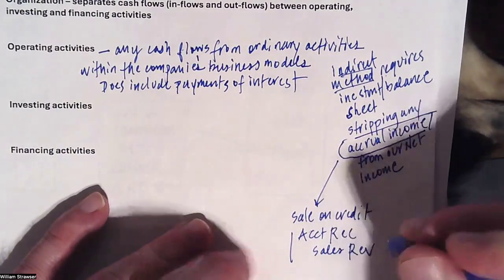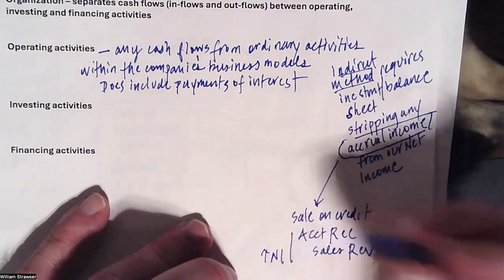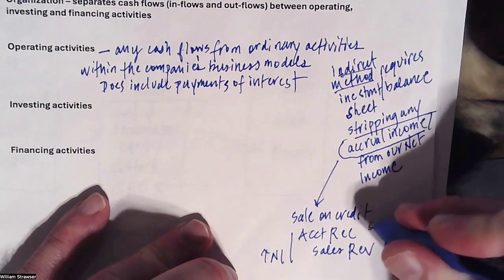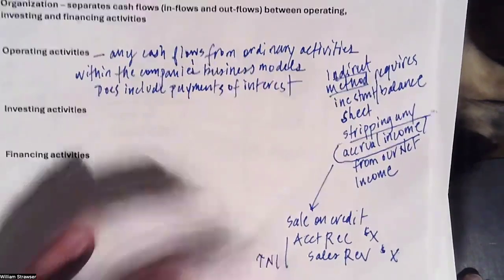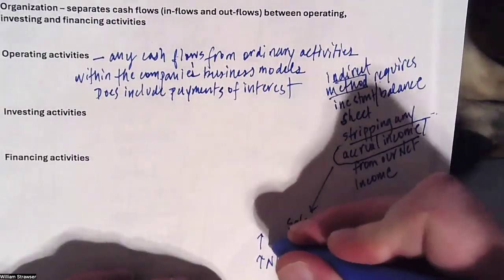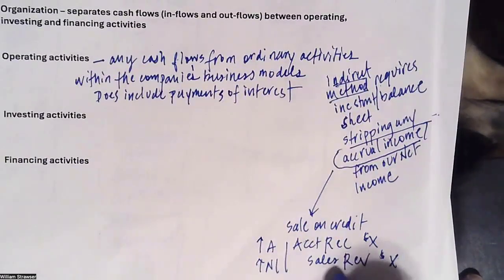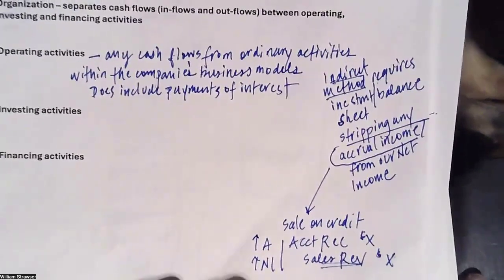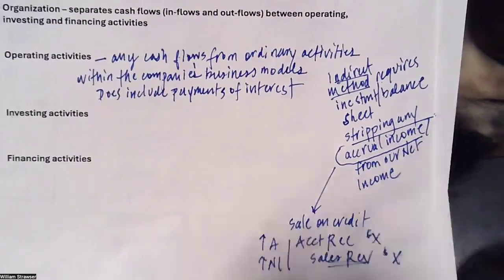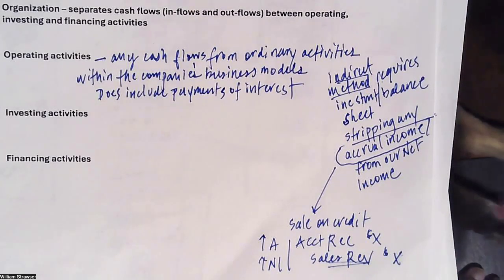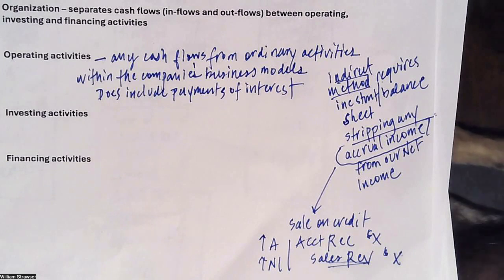Well, the credit to sales revenue increases net income, but did I actually receive any cash flow from that? No, I didn't. I got another type of asset, which is accounts receivable. This is an accrued revenue because it doesn't result from cash flow. It results from those accounts receivable. So this is an example of something that we would need to adjust in our net income.